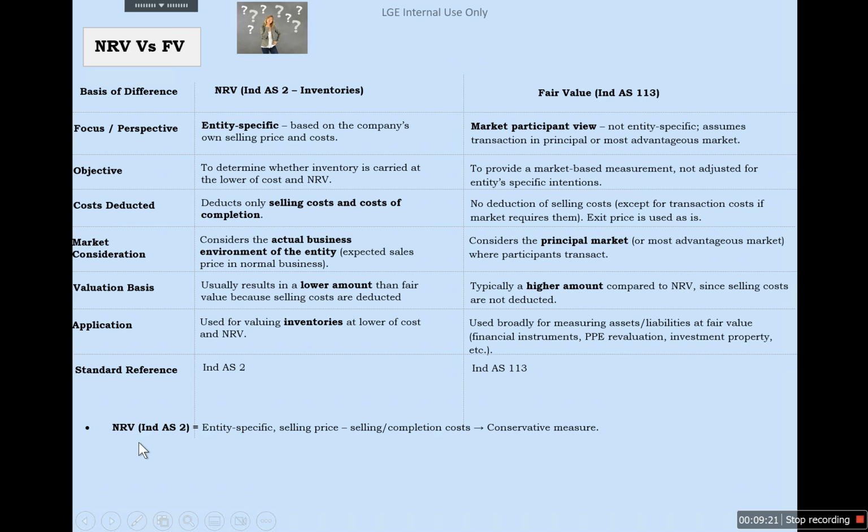So NRV is an entity-specific selling price minus selling and completion cost, and it is a conservative measure. And fair value, as per Ind AS 113, is based on market participants, it is an exit price, and there is no deduction for the selling cost. This is a market-oriented measure.